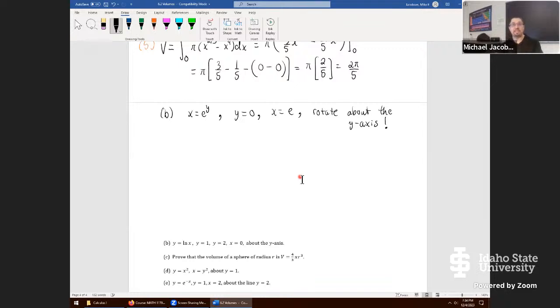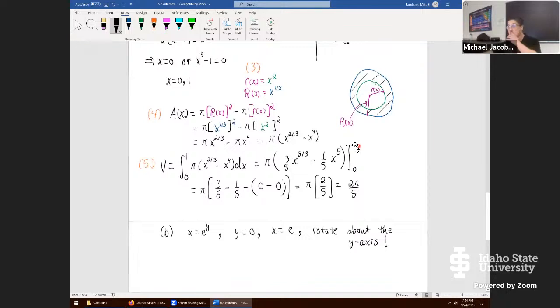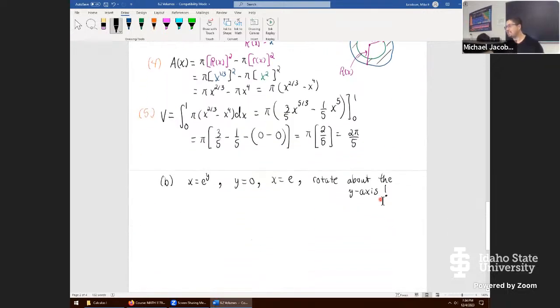That deserves an exclamation on this one because we just said on the prior problem, the method we just used works really well if you're rotating about the x-axis. So the moment the axes are switched and we're still in section 6.2, that's suspicious. We should try something else on this one.